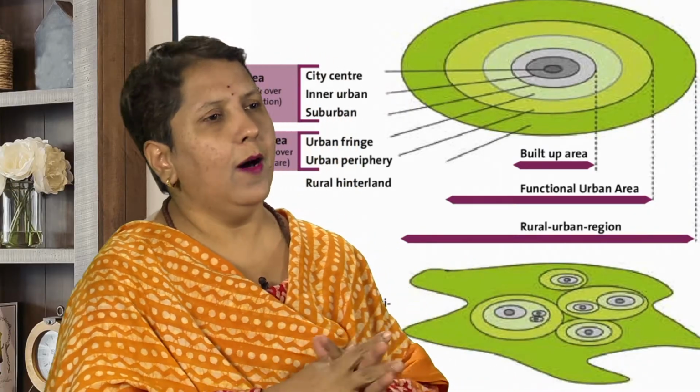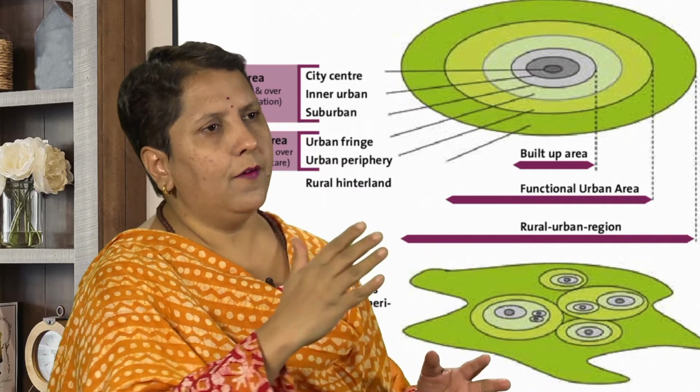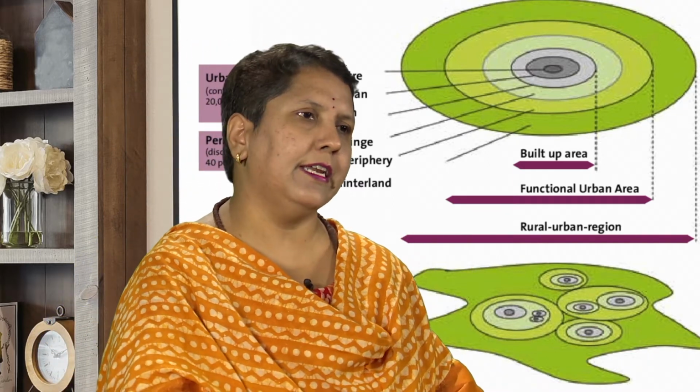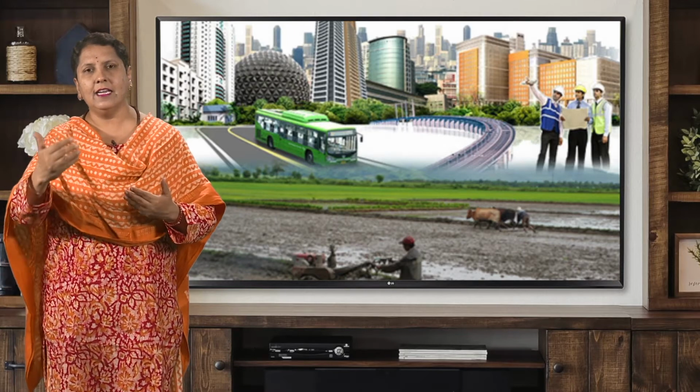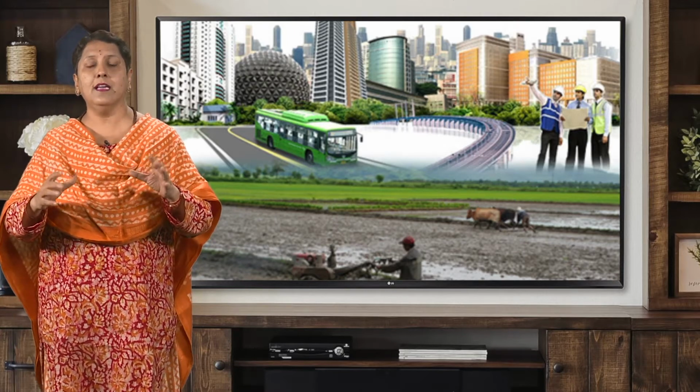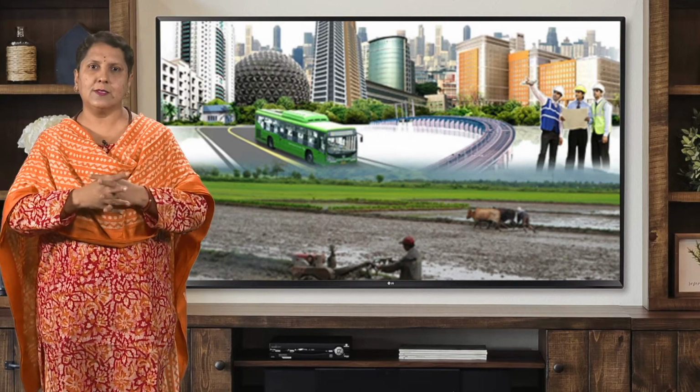If you can recall, from the beginning of our course I have been trying to convey that rural and urban, though they look like dichotomous concepts, are always interdependent in nature. So, we will try to further understand and explore this dichotomy and interdependence through these concepts.